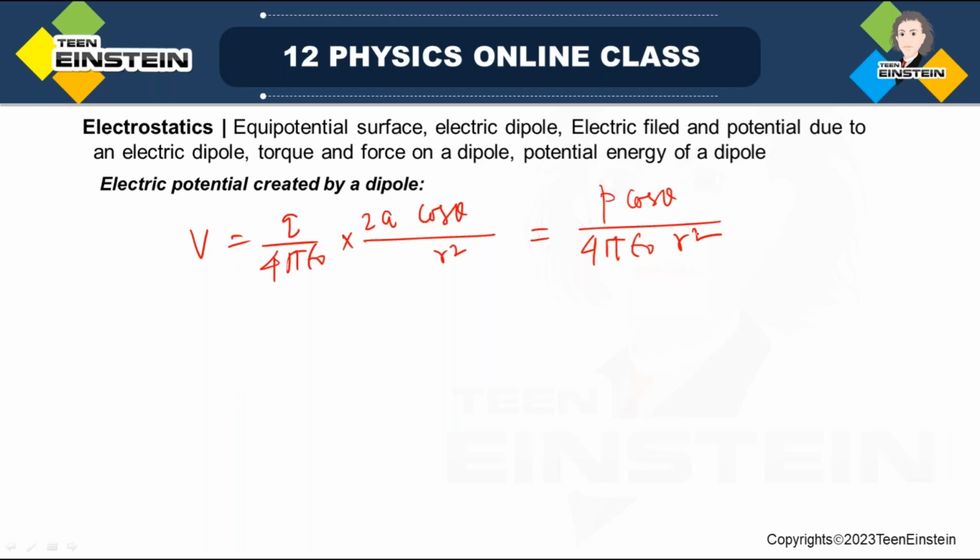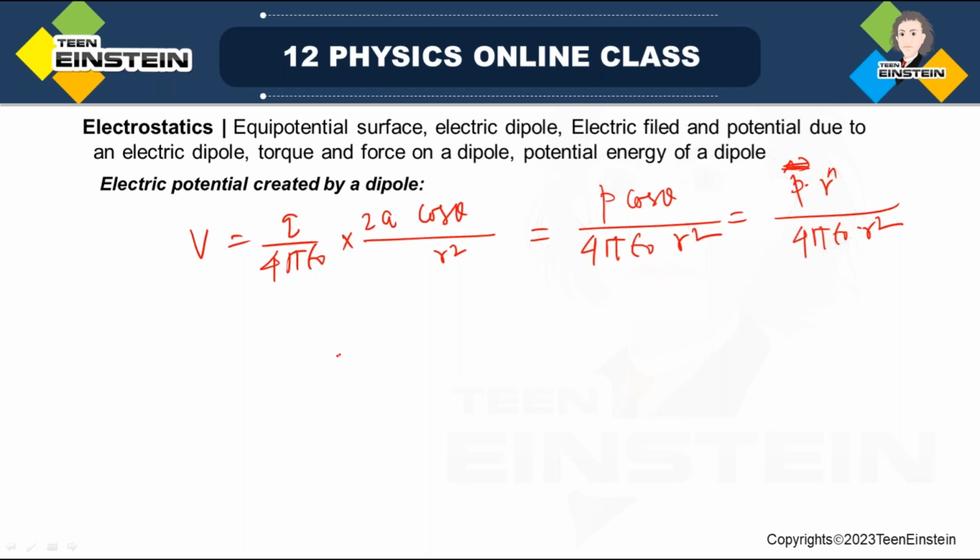So this could be written in terms of unit vector also. See, p is the vector quantity, and we take the r cap in the direction of the dipole itself. So p dot r cap divided by 4 pi epsilon naught r square.